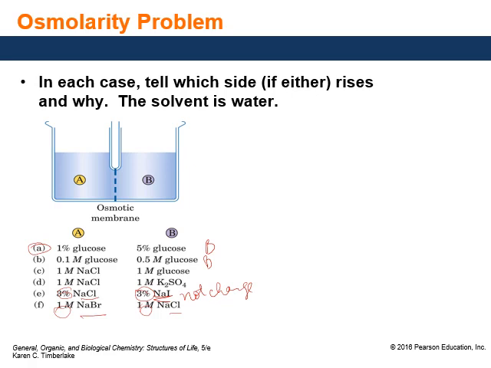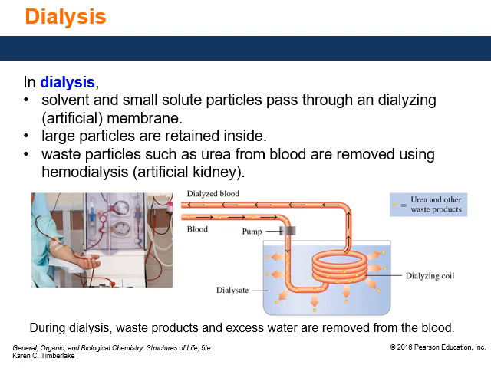Okay. Let's talk quickly about one more process, which you guys might have heard of before, which is dialysis. So where is dialysis used? Basically, it's a process which is very similar to osmosis. In dialysis, there is a semi-permeable membrane which is called a dialyzing membrane.